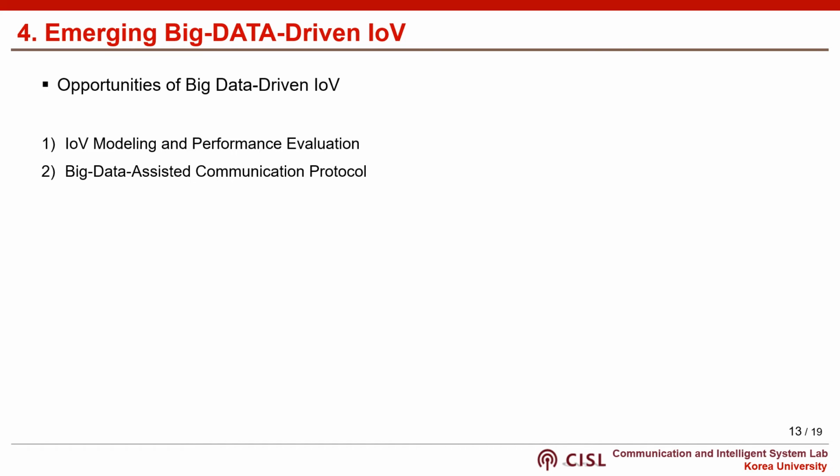Big data can be used to design efficient data-driven communication protocols. The IoV statistics, such as the connectivity of neighbors, transmit buffer occupancy, lifetime of routing path, etc., can be used to predict the traffic load and channel capacity and then employ adaptive transmission strategies to improve the IoV performance.